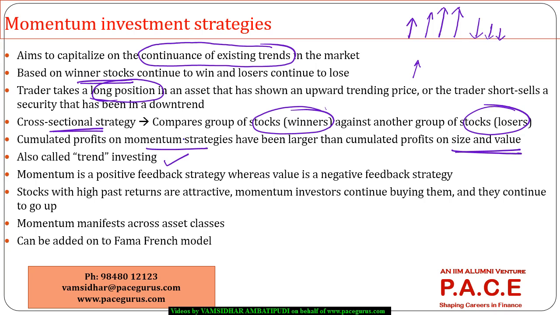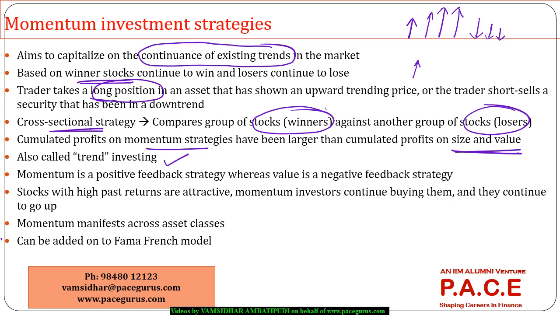Sometimes it's also called trend investing, because I am going to go with the trend. Anything that is showing an upward trend, I assume that it will show upward trend for some more time. So I don't mind taking a long position in that stock. Similarly, the downward trend, I will take the short position in that stock.